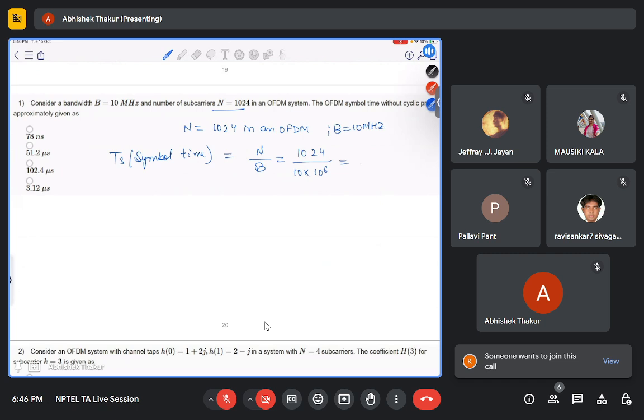After calculating, we get 102.4 microseconds. So the correct answer is option C.